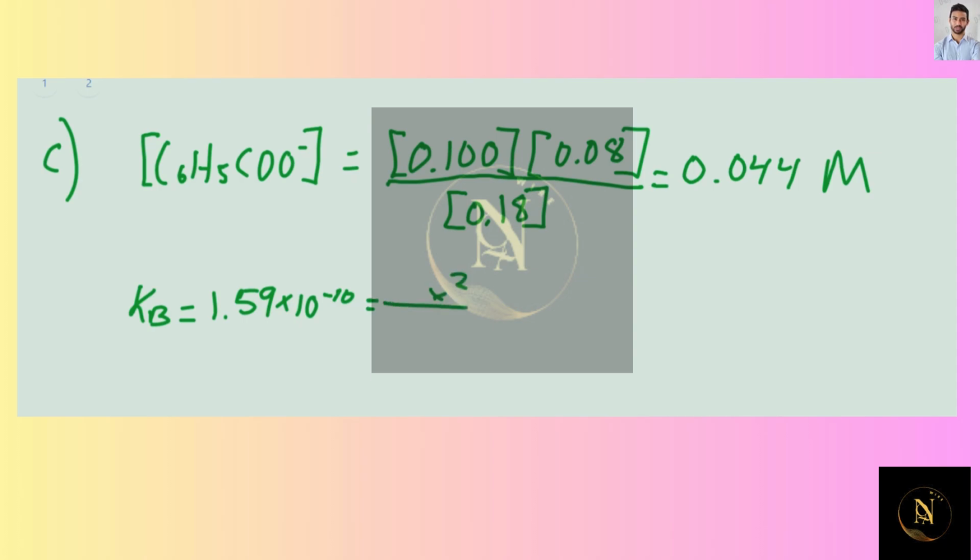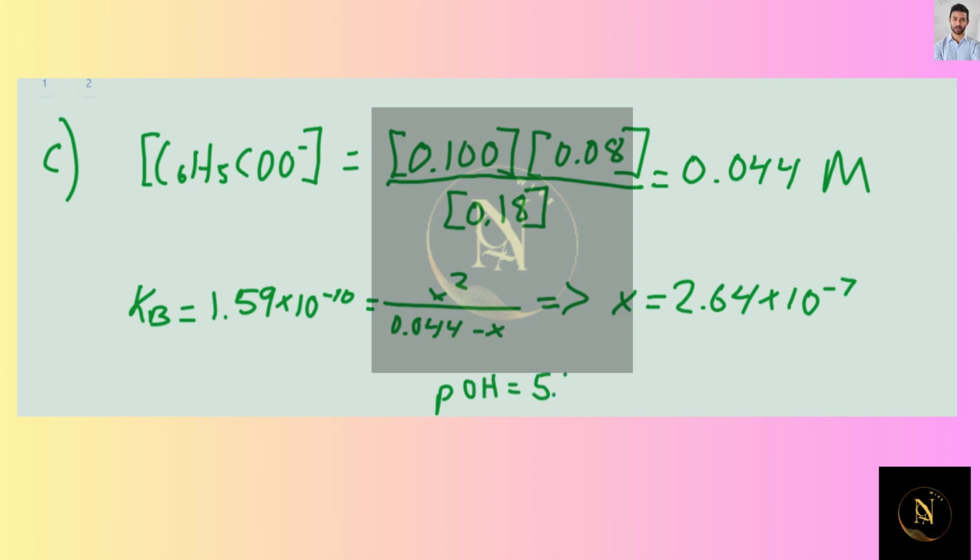And we get X squared over 0.044 minus X gives an X equal to 2.64 times 10 to the minus 7, which if we take the negative log, we get a pOH equal to 5.58, and finally a pH of 8.42.